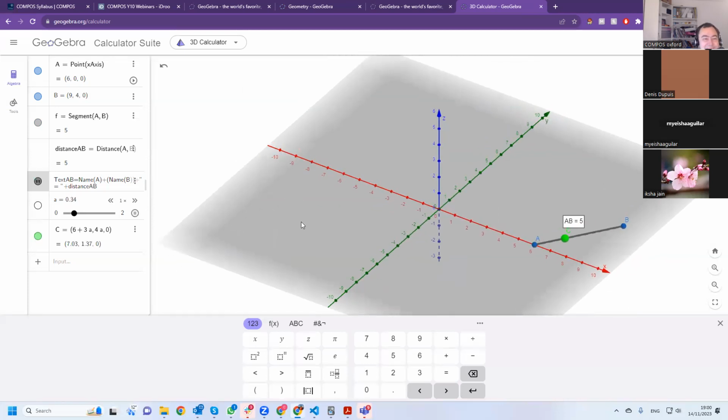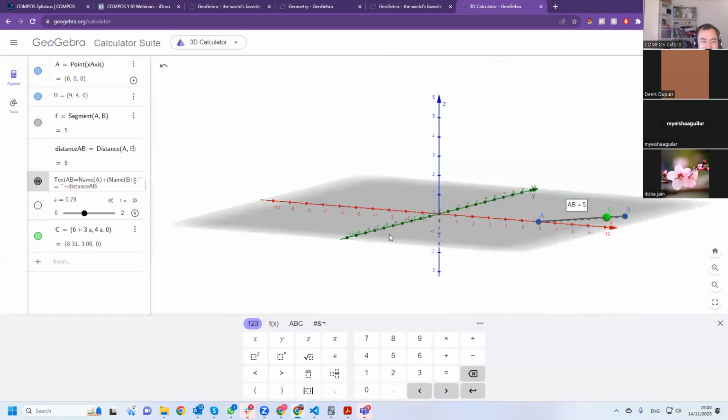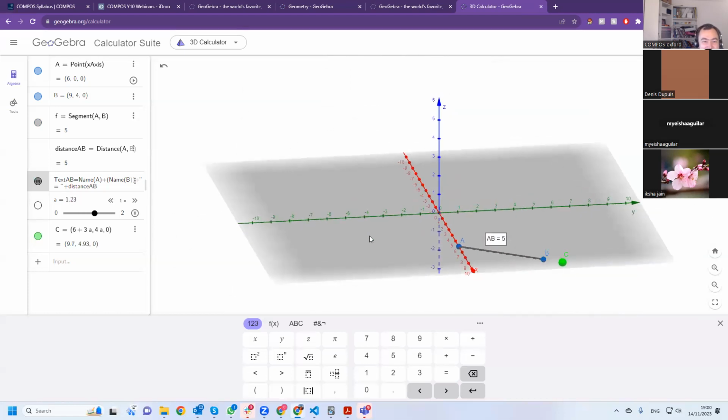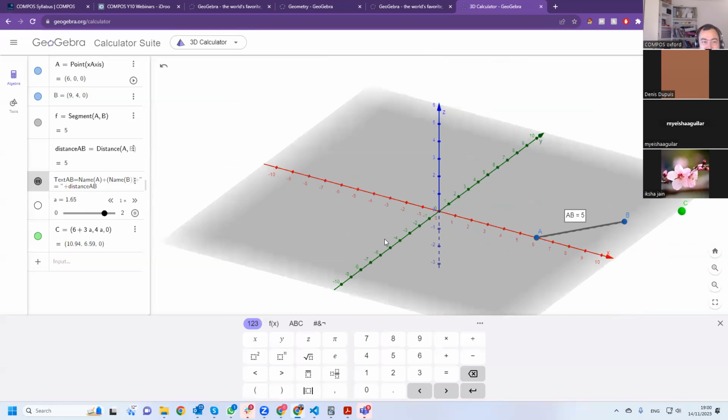Okay, let's play some games with it a little bit more. Of course, you can have an equation of motion in 3D. So I'm just going to pause this and go back, and remove these, and create a different type of motion.